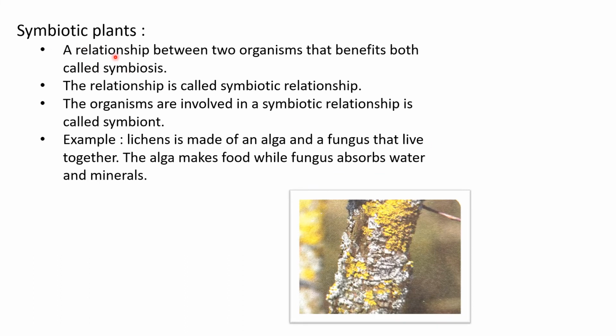Now symbiotic plants. A relationship between two organisms that benefits both is called symbiosis. So symbiosis means a good relationship. In case of parasitic plants, I told you parasitic nutrition means one gets benefited, the parasite, and another gets hurt, the host.